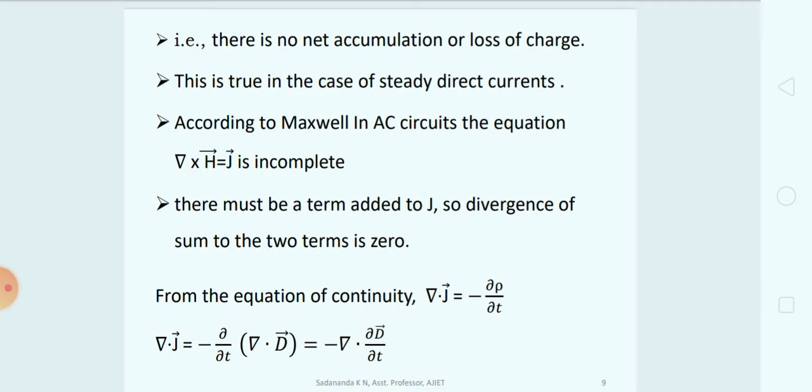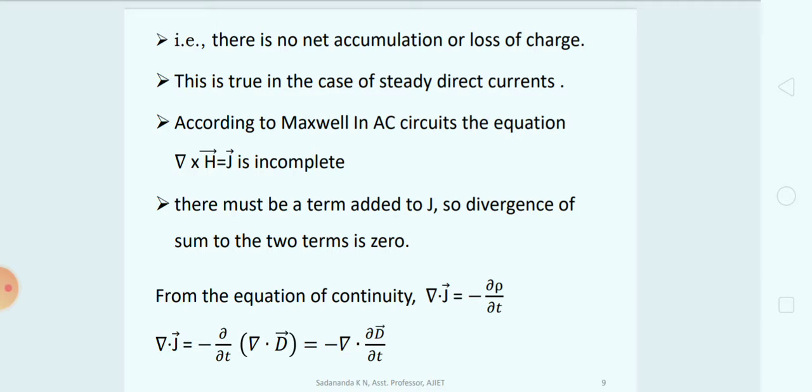This equation is true in the case of steady DC currents, which are continuous throughout the circuit. According to Maxwell, this equation holds good only for steady DC currents, wherein it is continuous throughout the circuit.